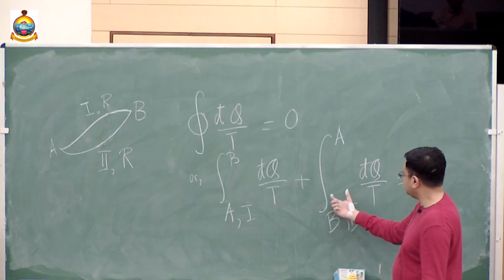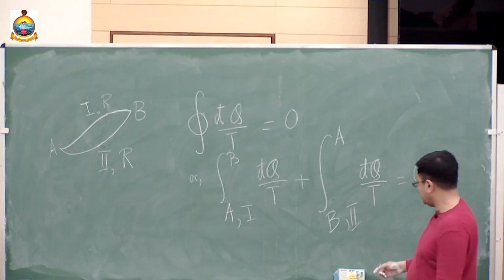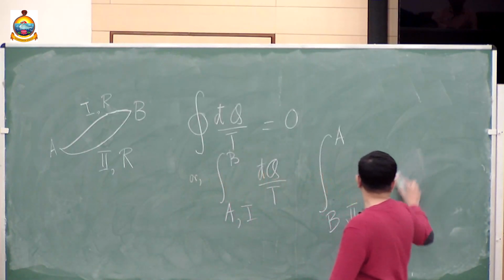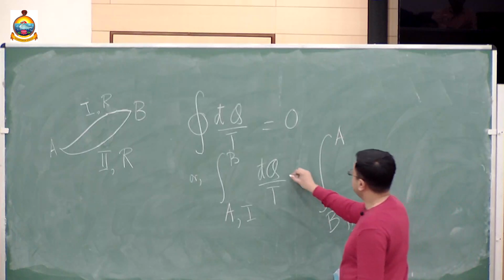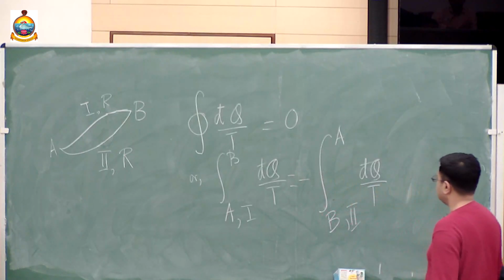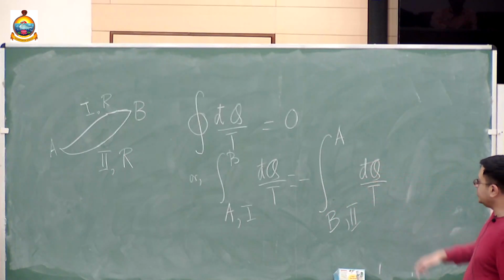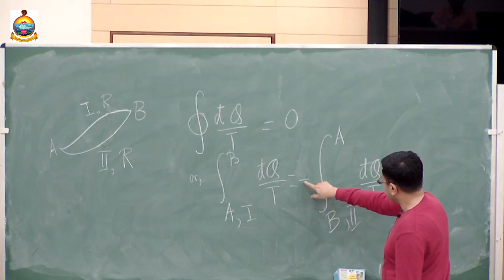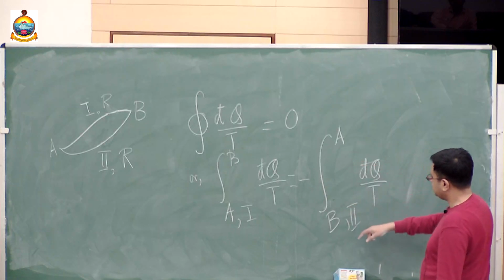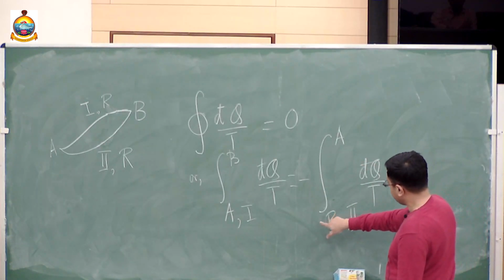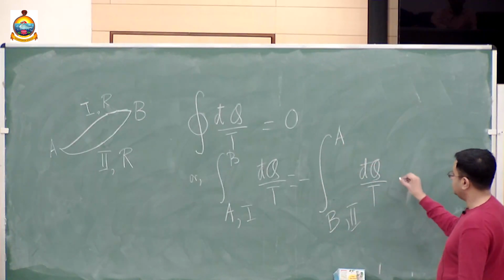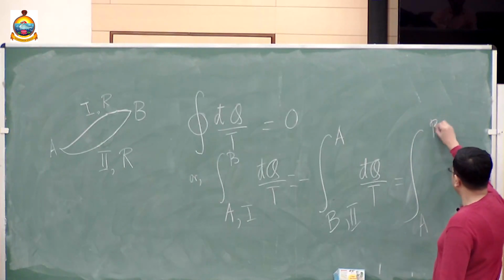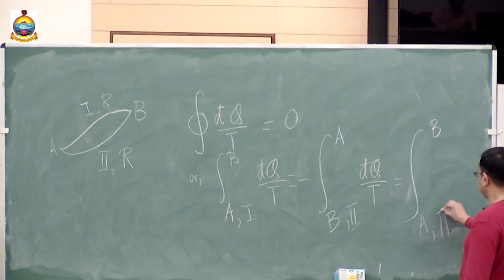But now I can bring this to the other side. And since path 2 is a reversible process, I can absorb this sign and make this into an integral that runs from A to B along path 2. So this right hand side is nothing but going from A to B along path 2.